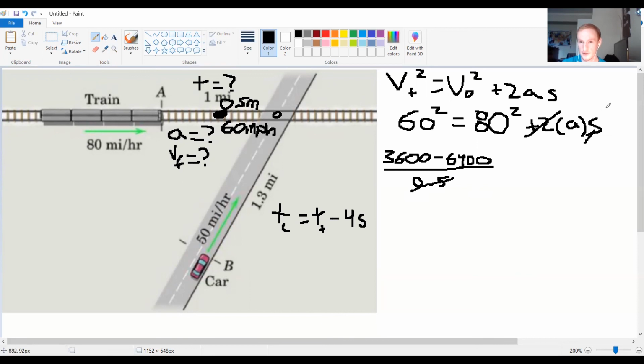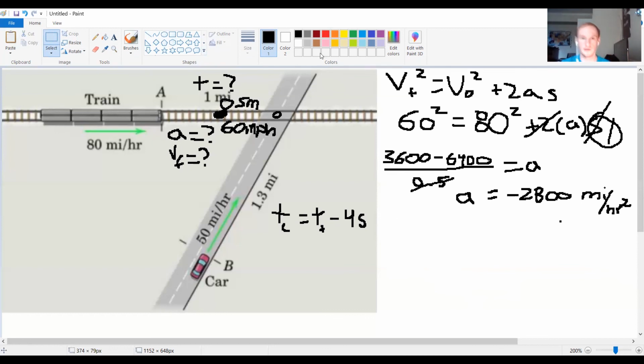So that's just 1. And then we'll have this equals the acceleration. So our acceleration is negative 2,800 miles per hour squared.